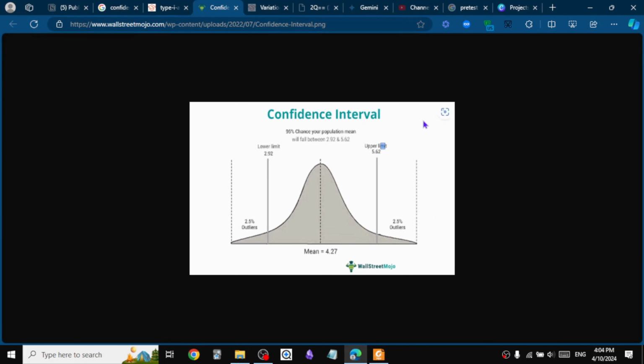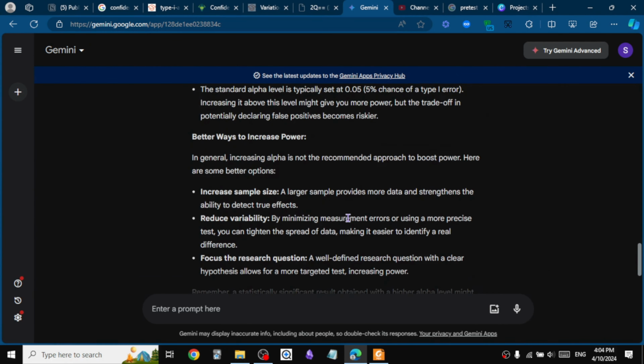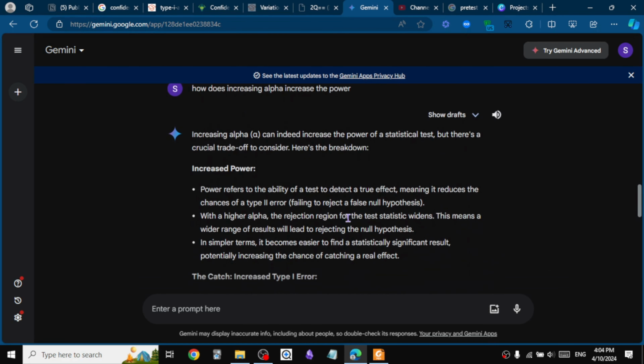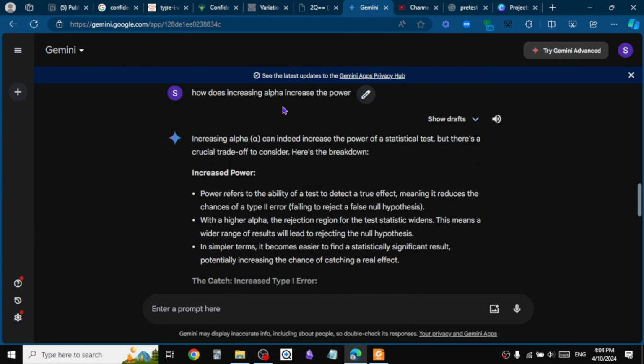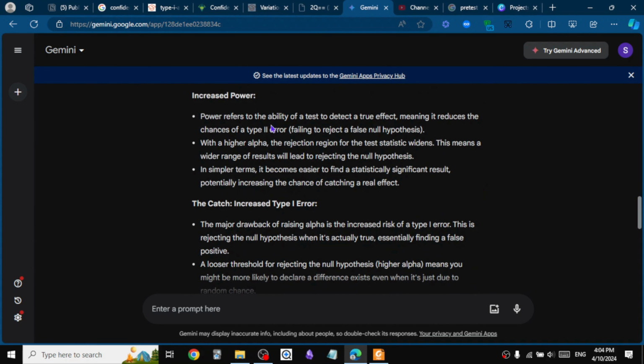Gemini gave me a good result and I'll share this with you. This was a trade-off thing. So how does increasing alpha increase power? This is what I asked. They defined power first. With a higher alpha value, the rejection region of the test statistic widens.